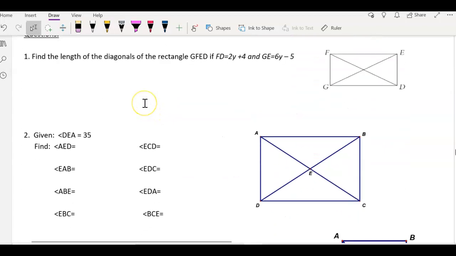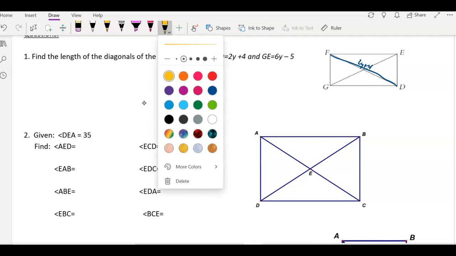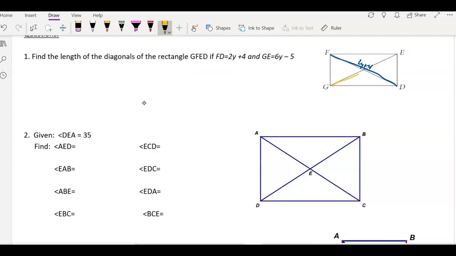Right away here, when we look at the first example, find the length of the diagonals of the rectangle if FD, so this segment here, is 2y plus 4, and GE ends up being 6y minus 5.